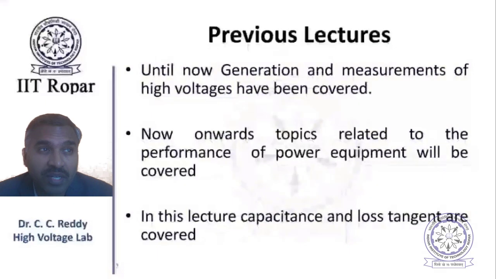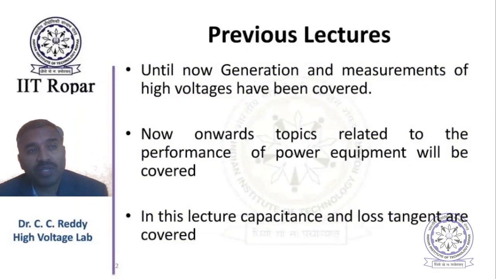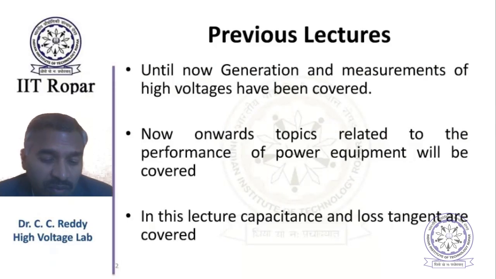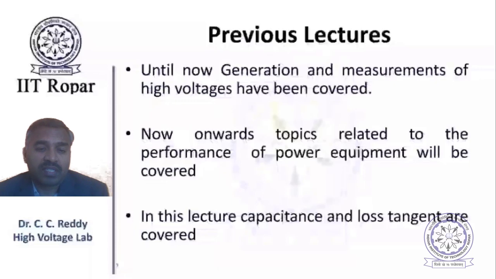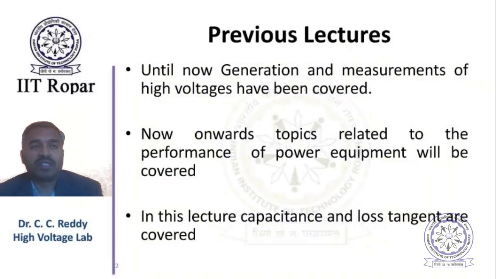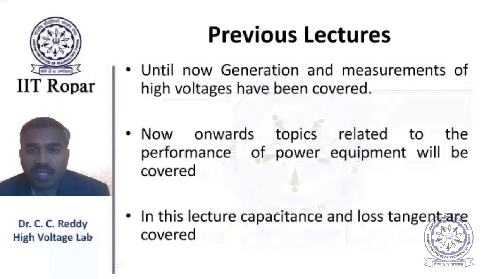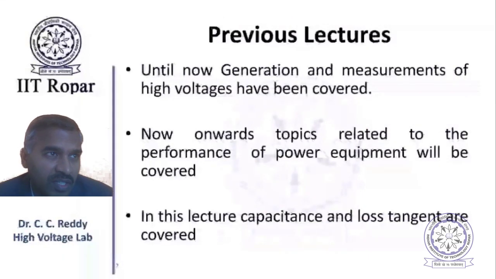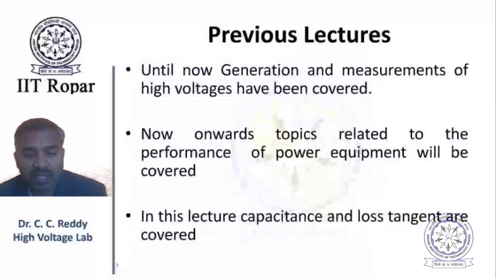The reason is we have to test like a capacitor because we have to test the insulation material in between the conductor and the core. We should not test it as it operates in the power system. It's not like that. So basically we will be testing the capacitance of the system, right? And what is the condition of that capacitance.